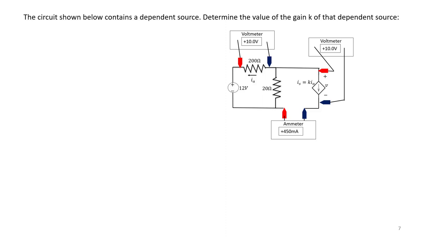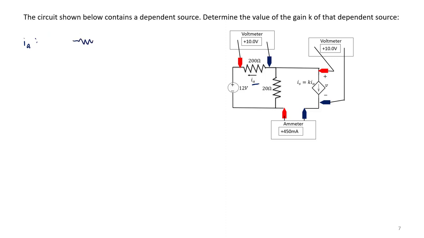So first, let's take a look at I sub A. Well, we know that I sub A is the current through the 200 ohm resistor. But one thing to be careful of here is notice the direction.